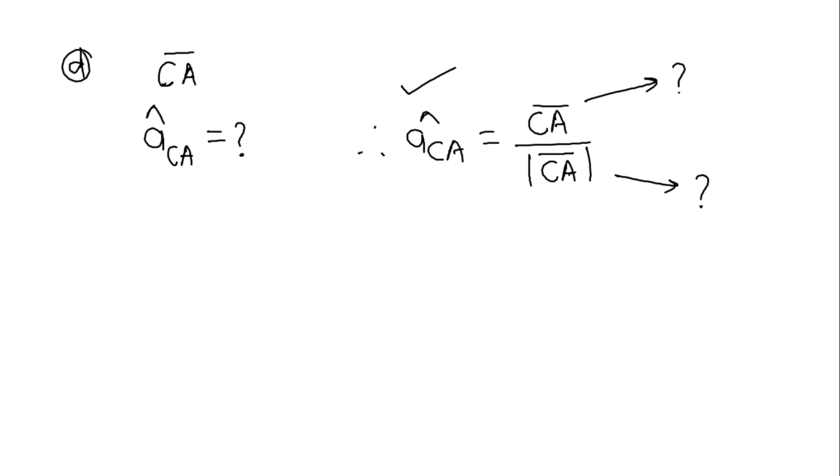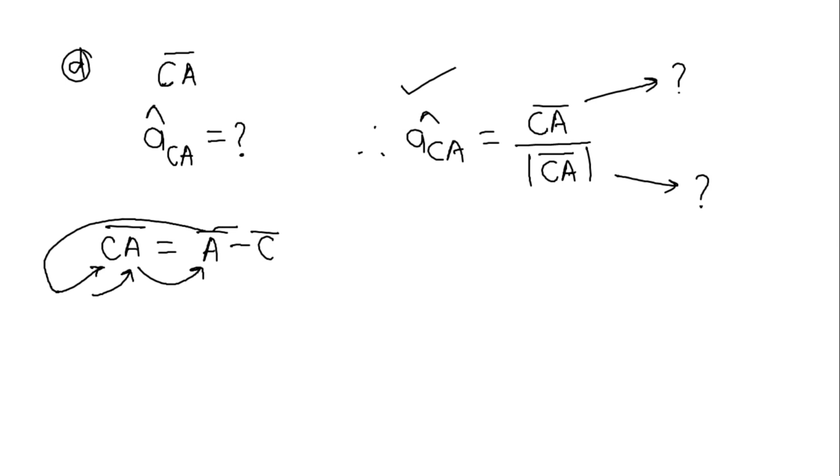So first of all, we shall be computing CA bar. CA bar can be obtained by subtracting the vector C from vector A. Always remember, the second letter is to be taken first, and the first letter is to be subtracted from the first vector representation. So C bar I have mentioned here. Now we shall be computing.